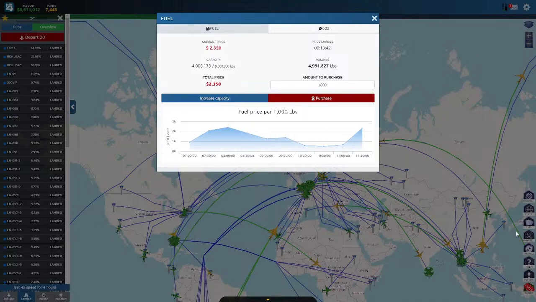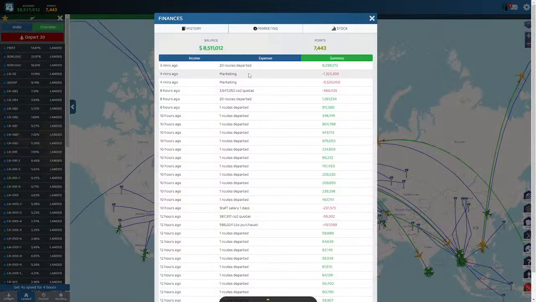The thing is that I don't think the fuel cost is reflected in the history. No, it's not. Only when you buy it, the usage is not reflected. So when I send out 20 planes now, it doesn't tell how much fuel and the cost of that here, because that's paid for right away when you send.